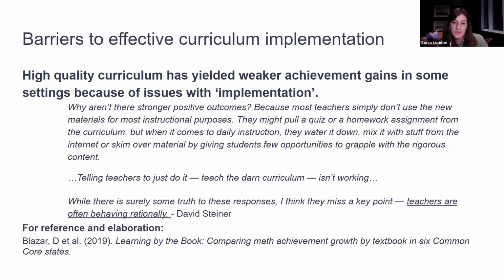While there is obviously some truth to these responses, I think they miss a key point. Teachers are often behaving rationally, and that's from David Steiner, a very prominent researcher in this field. And David Steiner is absolutely right.